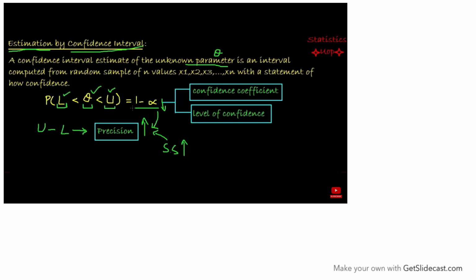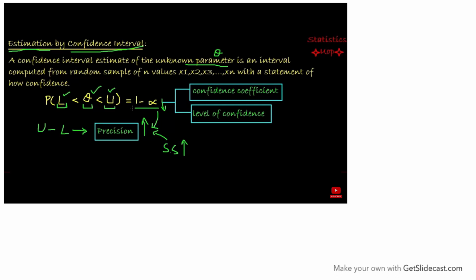Also, in estimation by confidence interval, a confidence interval estimates the unknown parameters. A confidence interval estimate of unknown parameters is also an interval computed from random samples of values, depending on the value like x1, x2, x3, depending on the event.